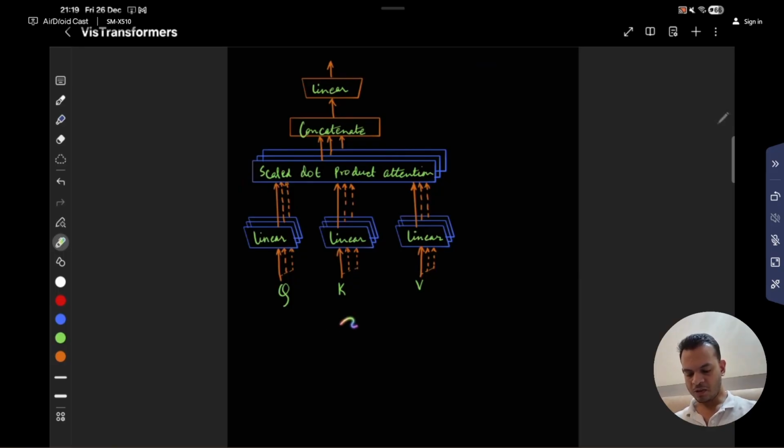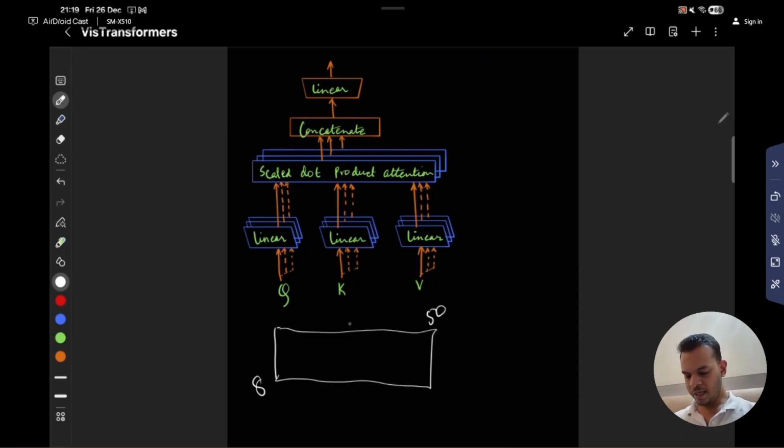But what actually happens here is, at this point we have our tensor, and we discussed that in our example we are taking it as 50 cross 8. So we have this tensor here.